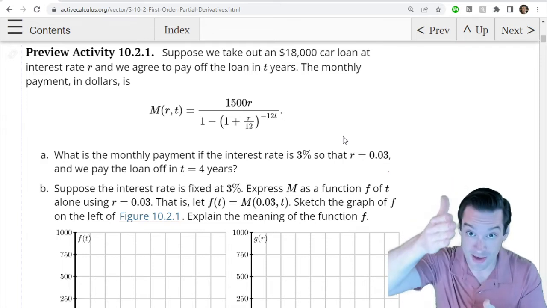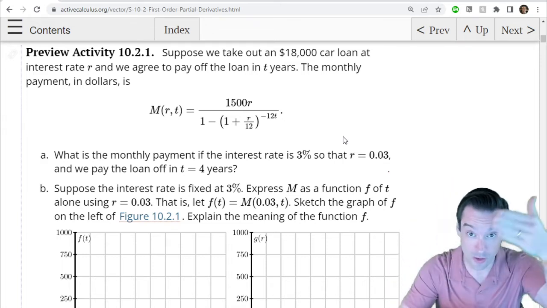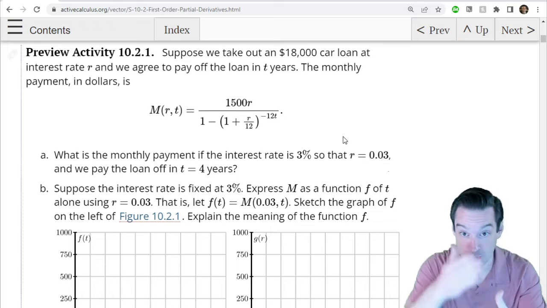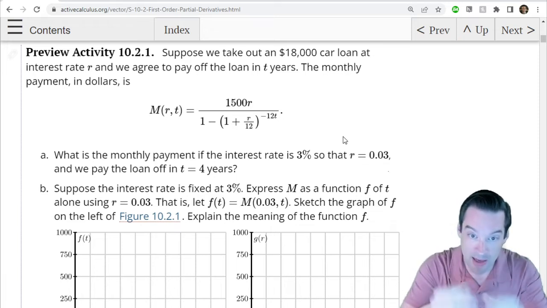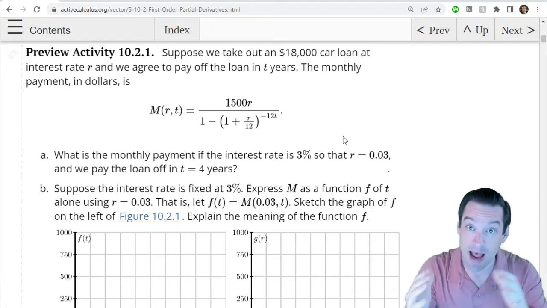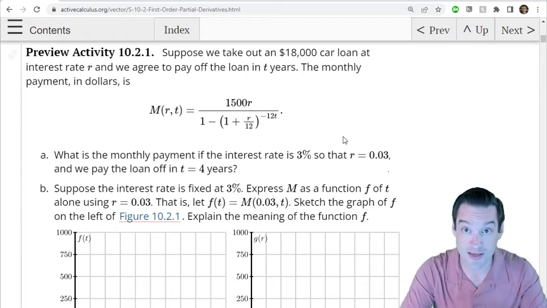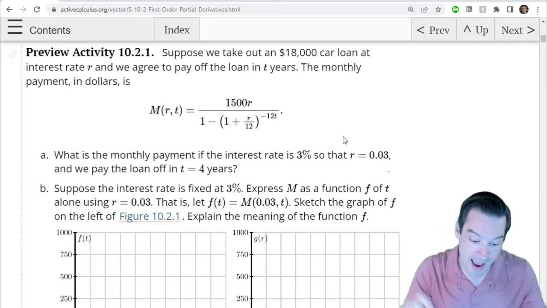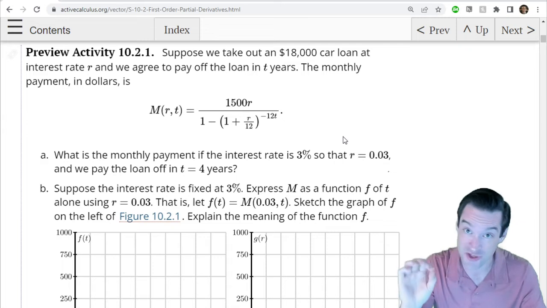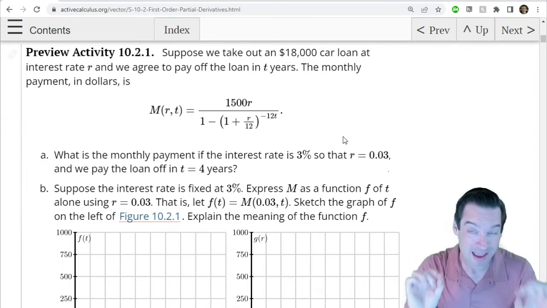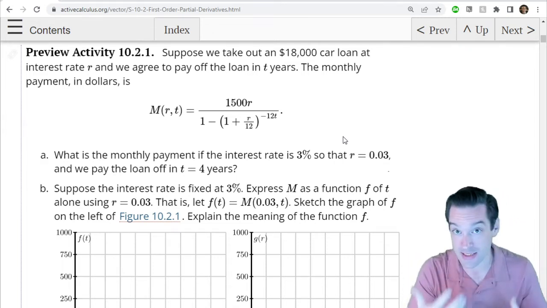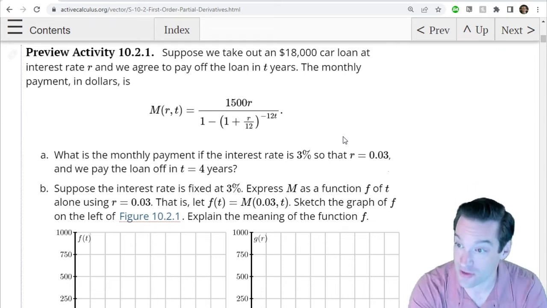So all of the x's are the same along one plane, or all of the y's are the same along the other plane with which we intersect. And so when we do that, we get a slice, a trace, out of the two-dimensional surface, and that trace is just a curve. And so we can ask, what are the slopes of tangent lines to that curve? And that's going to hopefully give us some idea of what a derivative for a function of several variables ought to look like.